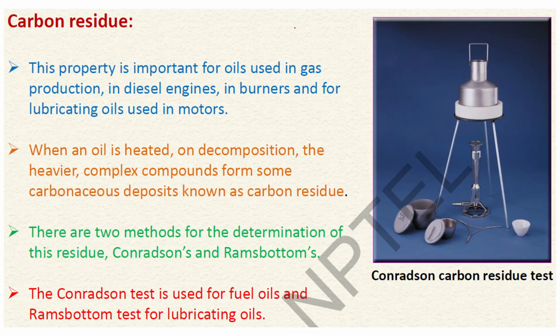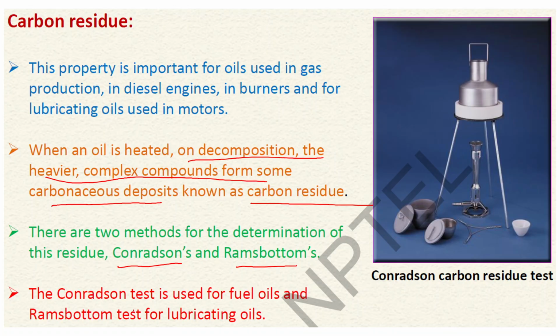When oil is heated, on decomposition, complex compounds form some carbonaceous deposits which are called the carbon residue. There are two methods for determination of the carbon residue: the Conradson method and the Ramsbottom method. The Conradson method is used for fuel oils and Ramsbottom is used for lubricating oils.